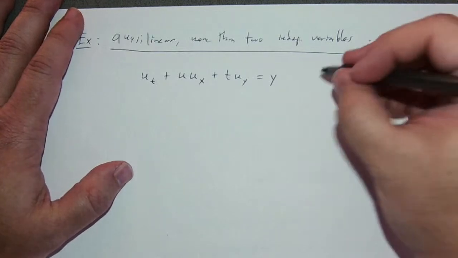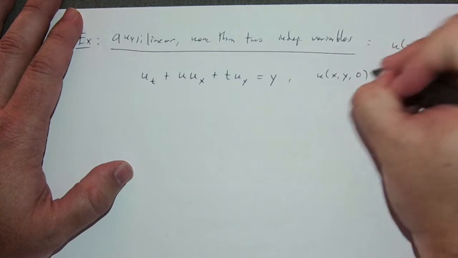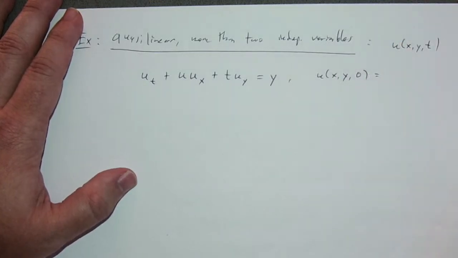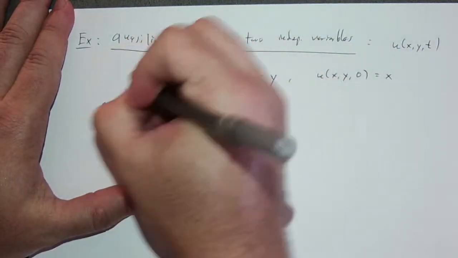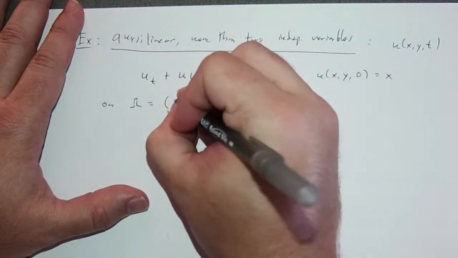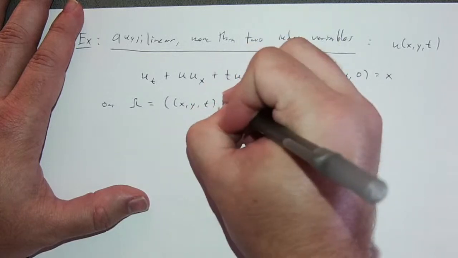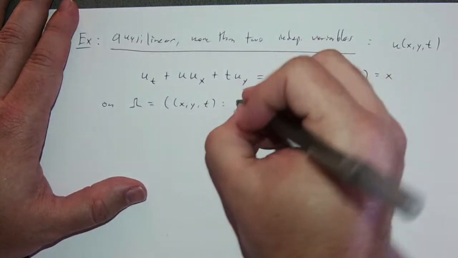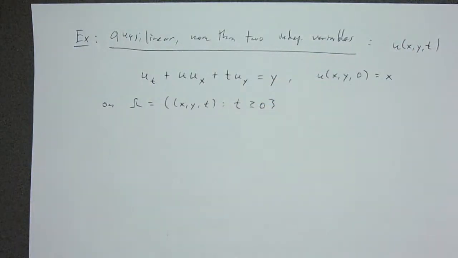Okay, and say u of x, y, 0 is some function, let's pick x. And we'll do this on the domain omega, which is x, y, t such that t is greater than or equal to 0. So this is upper half space.